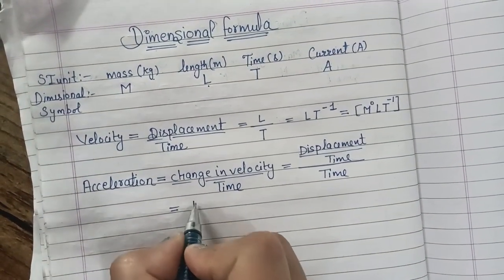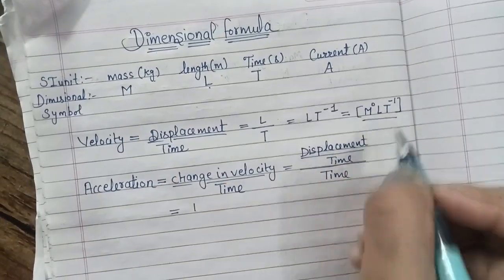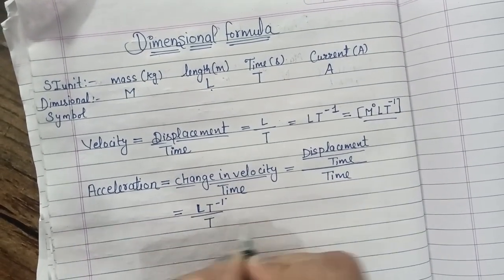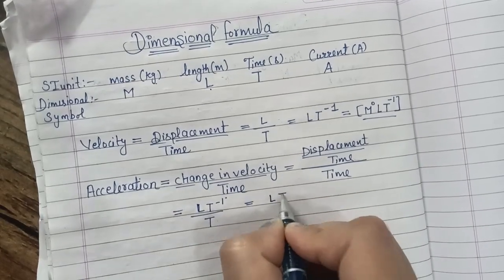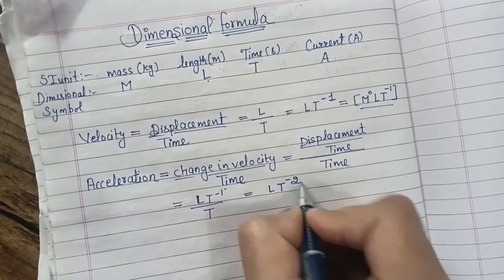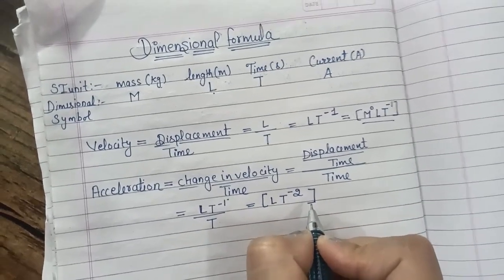So the dimensional formula for displacement upon time, that is velocity, is LT^-1, and for time it is T. T in the denominator becomes -1, and when we add this it becomes T^-2. So the dimensional formula for acceleration is LT^-2.